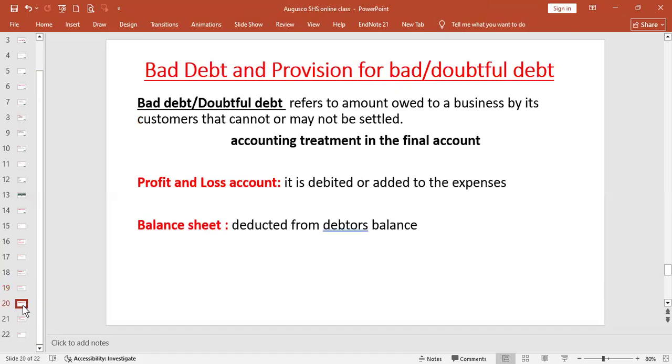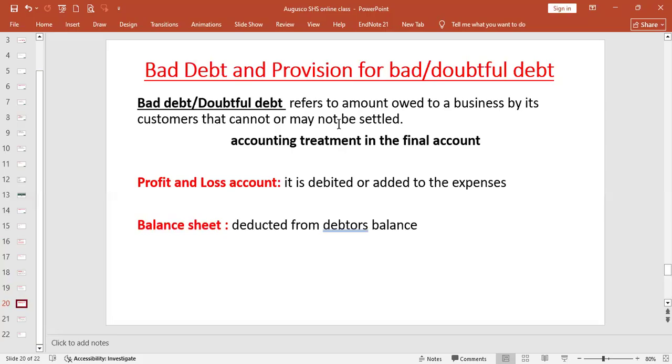Now let's talk about bad debt and provision for bad debt. So bad debt is different from provision for bad debt, right? Bad debt sometimes can be referred to as doubtful debt. So what is it? It refers to an amount owed to a business by its customers that cannot or may not be settled.